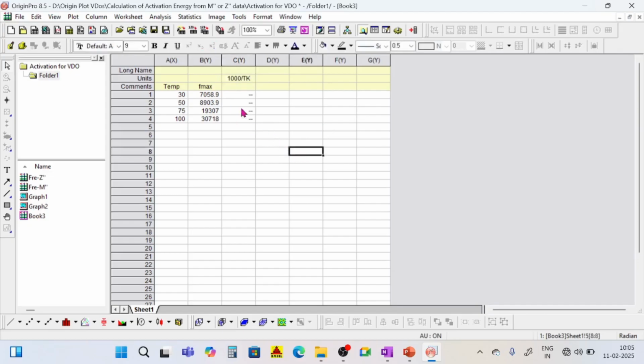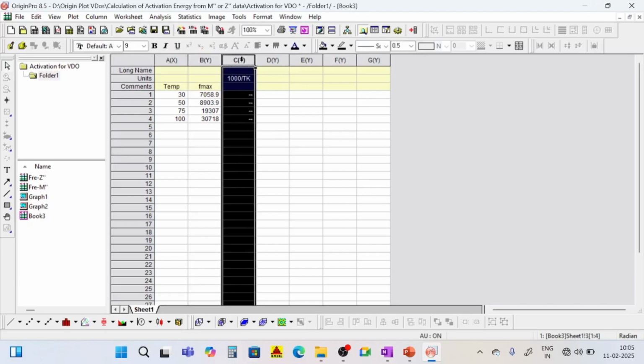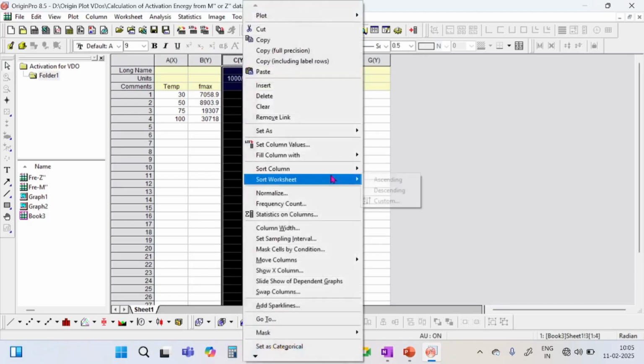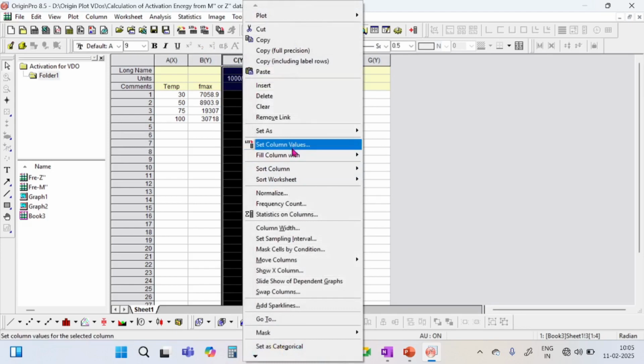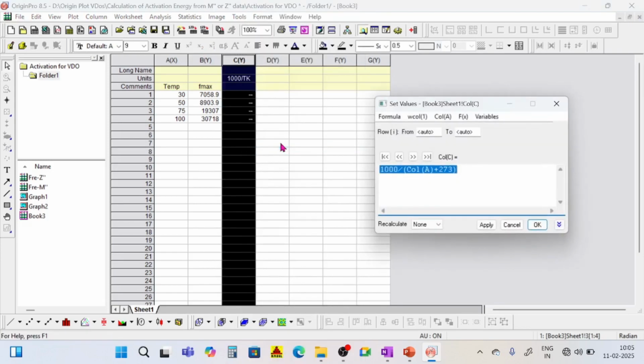So what I have to do here is select this column, right click on your mouse, click on set column value. Over here a pop-up window will come up like this. So here you have to write 1000 by bracket starts, 1000 by temperature, but temperature should be in the Kelvin scale.